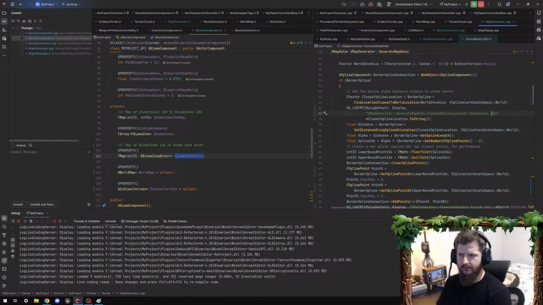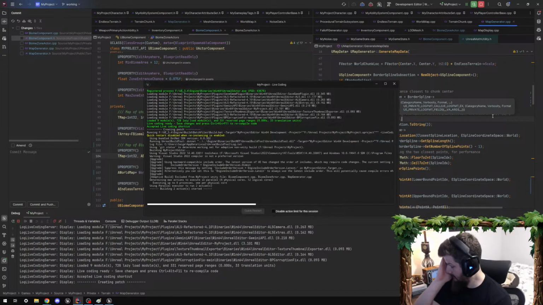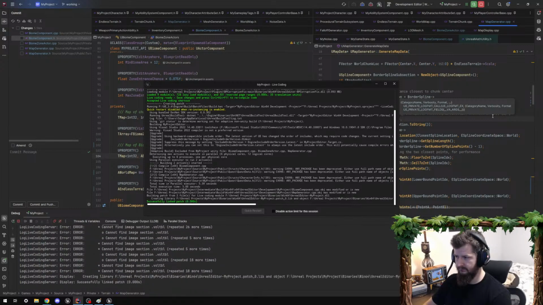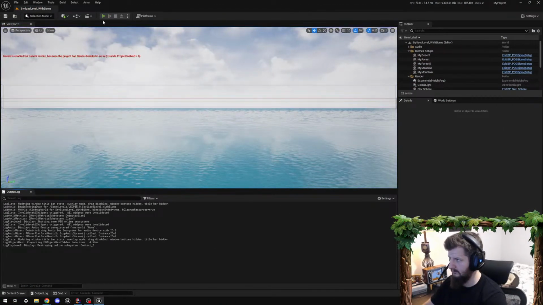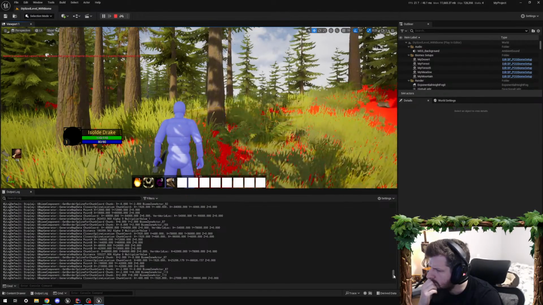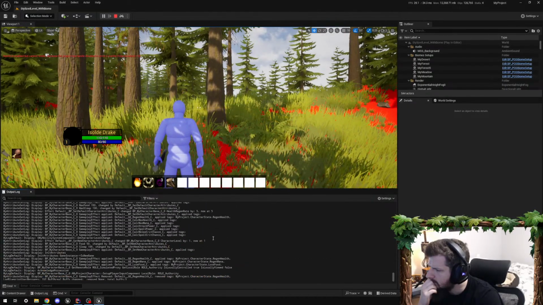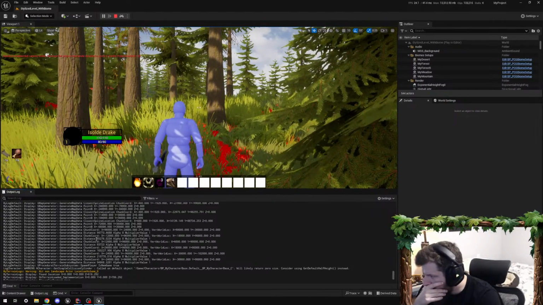Okay, logging the chunk coordinates. And the rest of them already have it logged, so I should be able to match them up now.